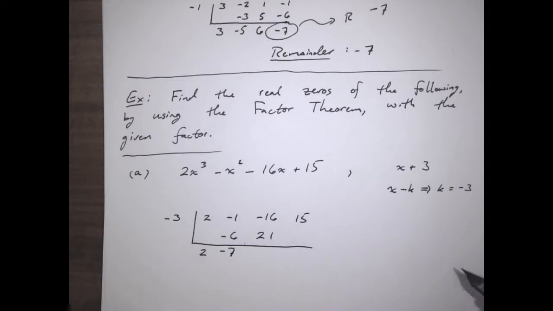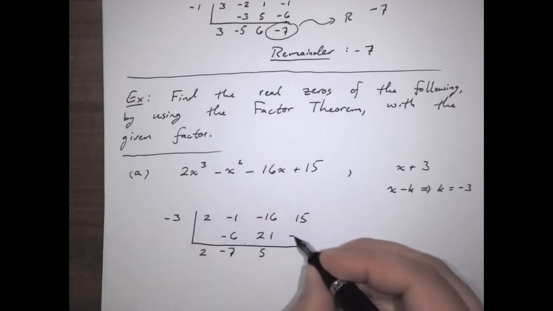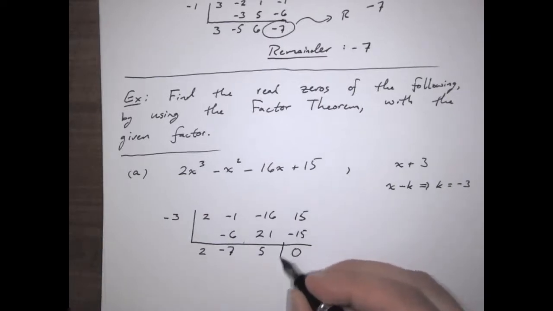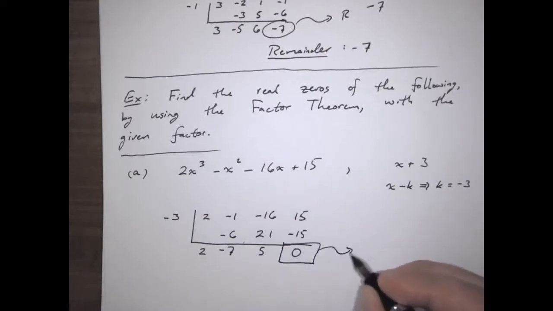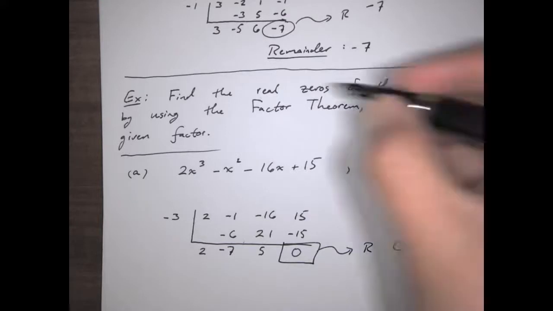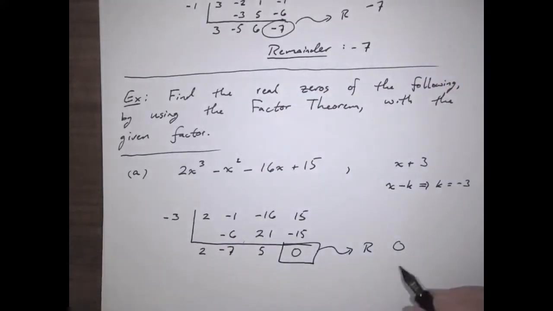Then we add those, and that's going to give us a +5. 5 times -3 is going to be a -15. We put that here, we add those, we get the 0, and this is where the remainder is. So the remainder is 0, which it should have been if this really was a factor of the polynomial in question.